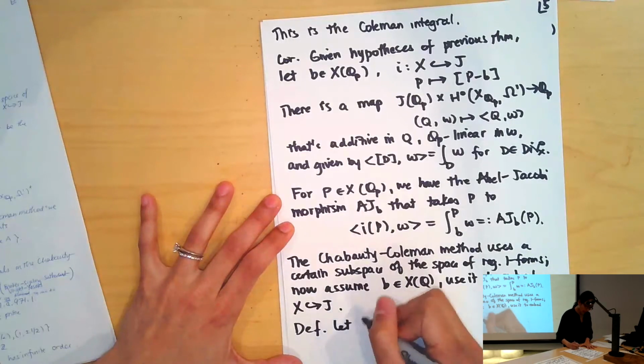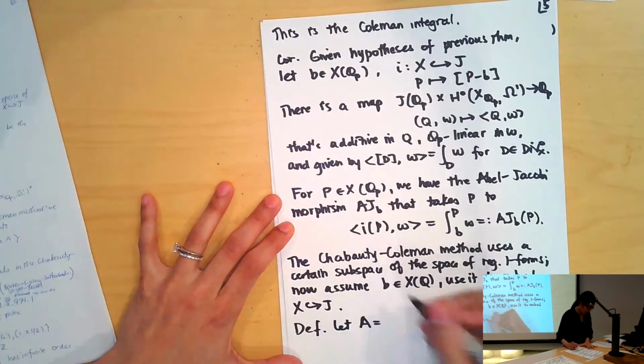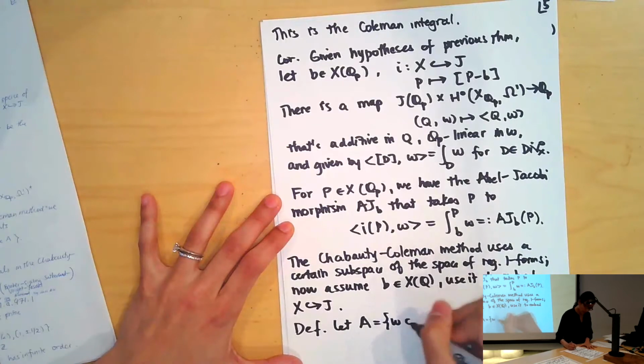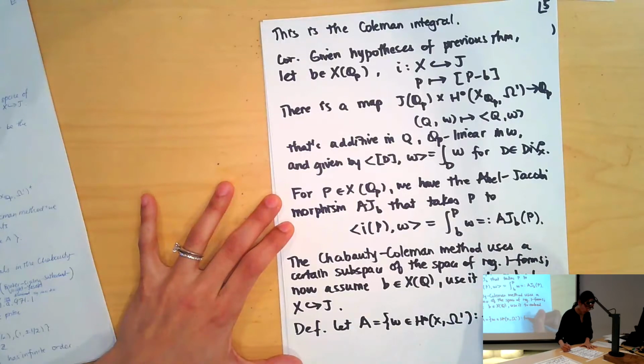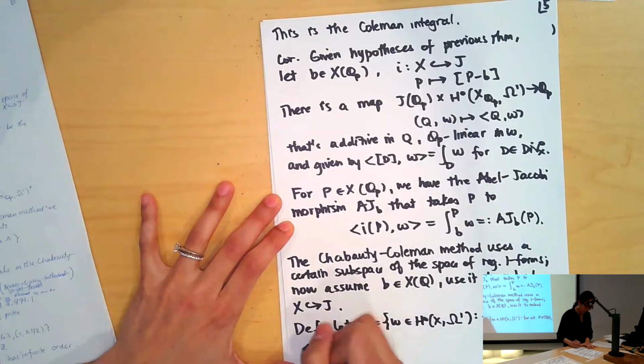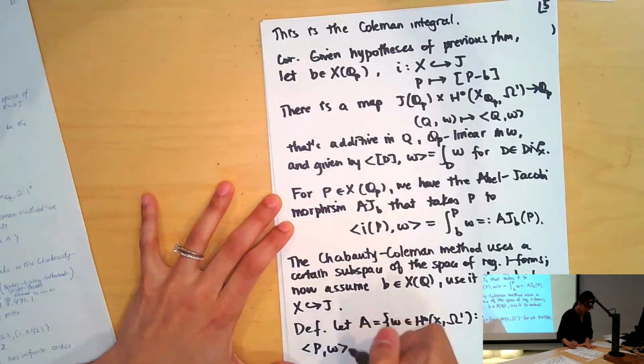And I'm going to call it A. But A here is the set of all omegas such that for all points on my Jacobian, this pairing is 0.